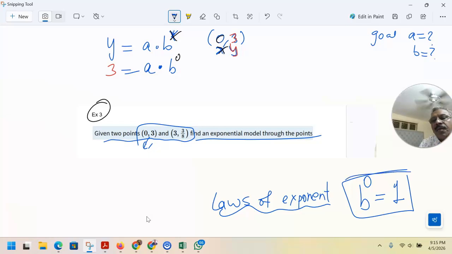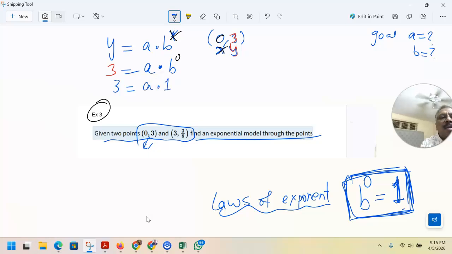Of course, there is a lot of explanation why, and because of the time, I don't want to add this. There are two nice ways to show why anything raised to 0 is 1. So this is 3 equals a times 1. See? So that means a times 1 is a. So you already got a equals 3.